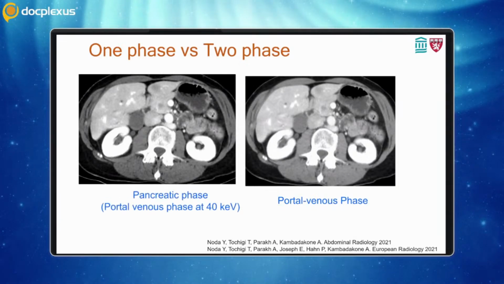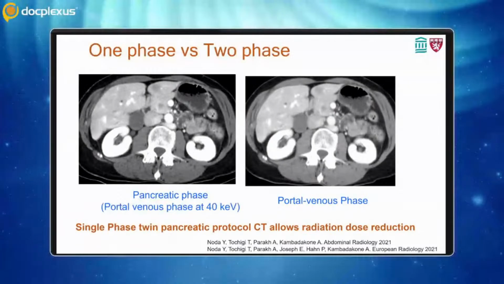So essentially, from a single portal venous phase, we generated a portal venous phase and a pancreatic phase type of image. So a single portal venous phase image was developed as a twin pancreatic protocol CT. And what we found was it allowed accurate characterization of both pancreatic cysts and pancreatic ductal adenocarcinoma while allowing for substantial dose reduction. Now, this becomes especially important in patients who are on surveillance for pancreatic cysts.